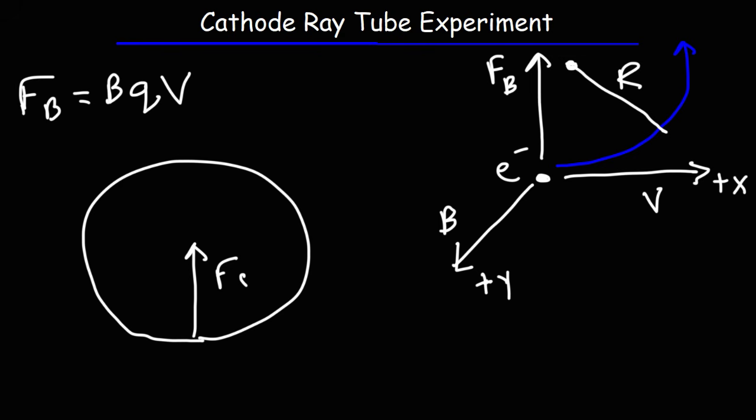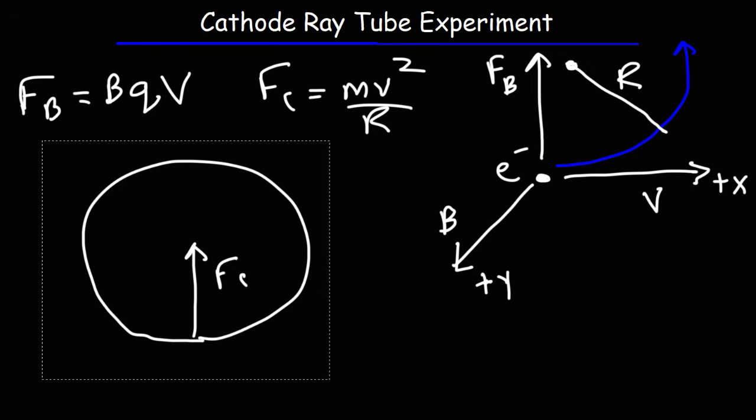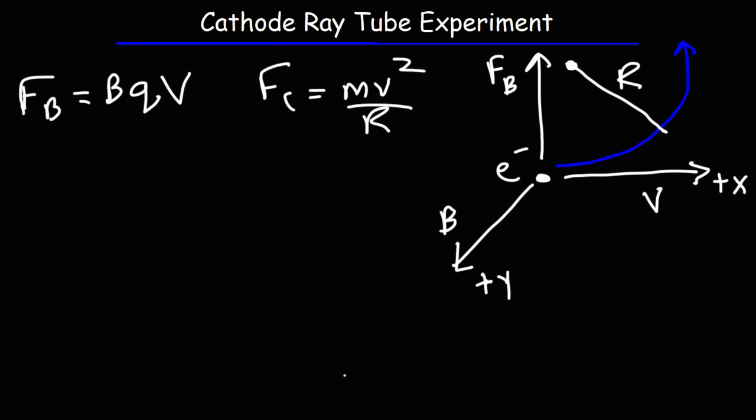In the case of the electron turning, the magnetic force provides the centripetal force. So any force that causes an object to move in a circle is a centripetal force and is equal to mv squared over r. So because the magnetic force provides the centripetal force in this example, we can set these two forces equal to each other.